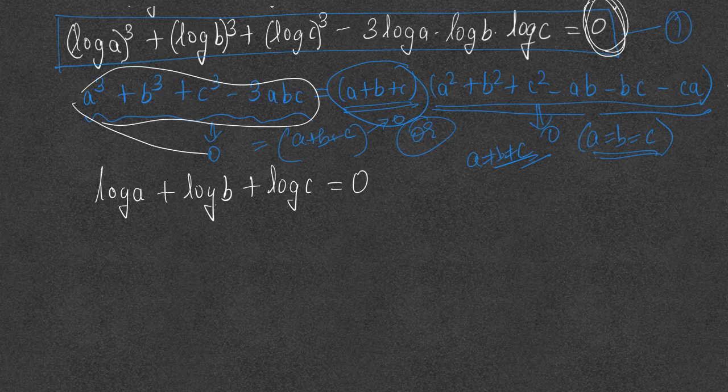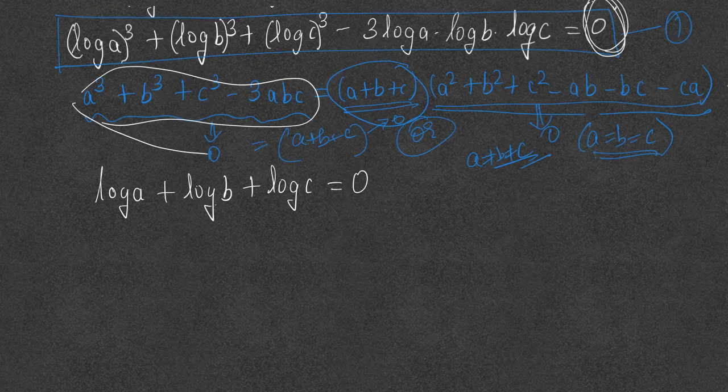Because it's equal to 0, either a plus b plus c is equal to 0, or this side is equal to 0. But we know that a is not equal to b is not equal to c, and hence the only option is a plus b plus c equals 0. So in terms of pattern matching, a is log a, b is log b, c is log c, and hence log a plus log b plus log c is 0.